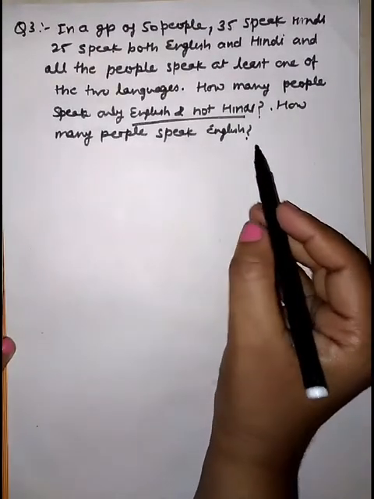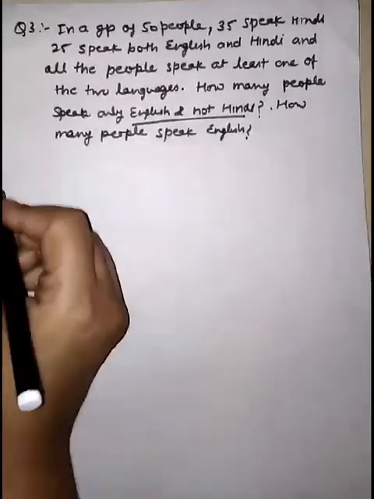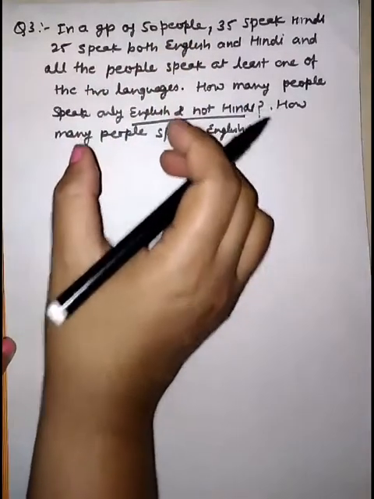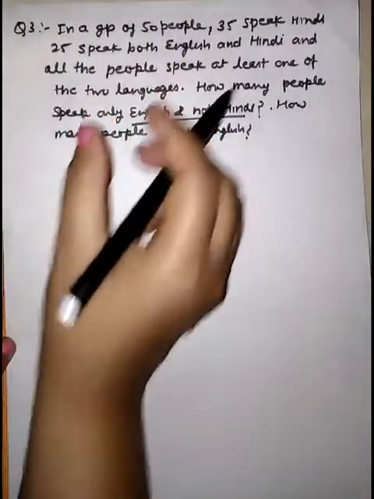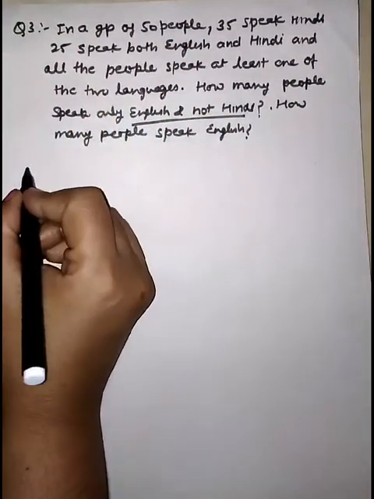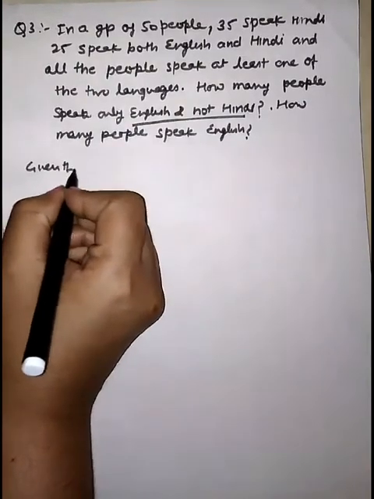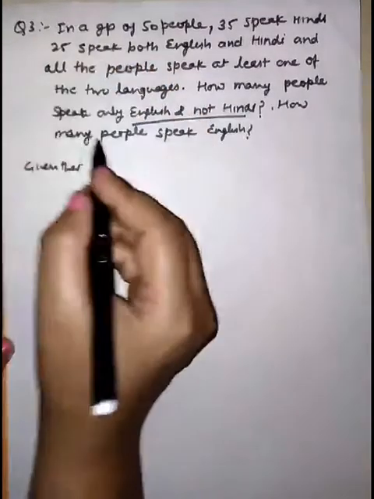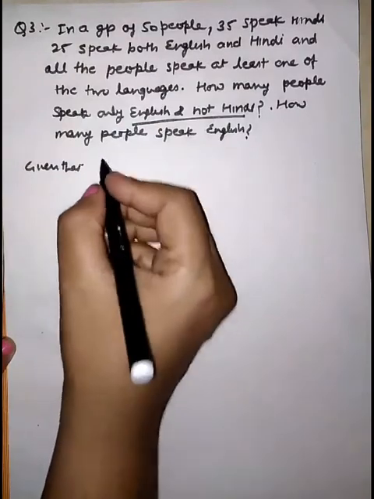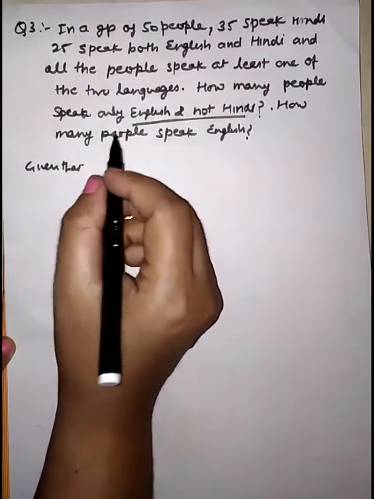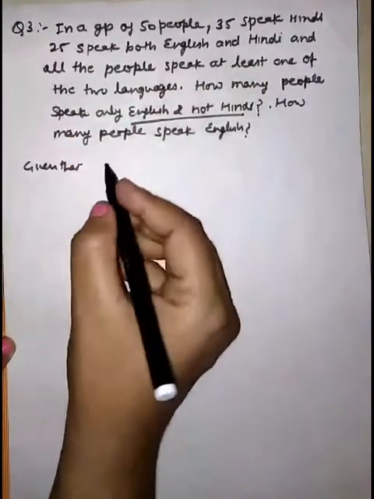Right, friends? So firstly, let's write what we have been given. Given that 50 people, it means the universal set is 50, or you can say the Hindi and English combination.